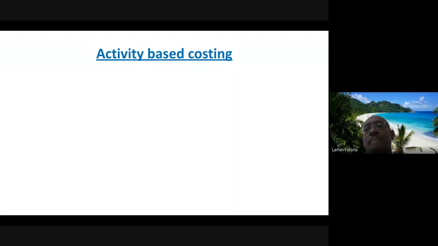Okay, so now how does ABC treat overheads? ABC treats overheads or apportions overheads based on this philosophy. What's the philosophy? Our concern is our products and our services, because these are the ones that bring us money.